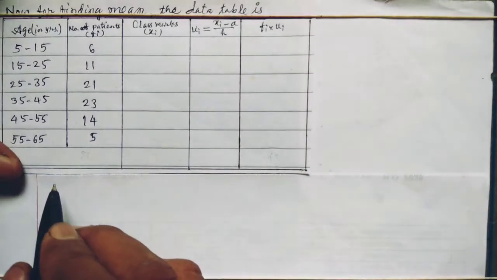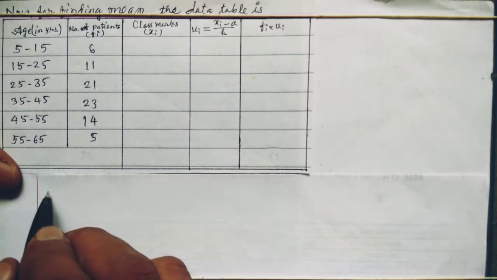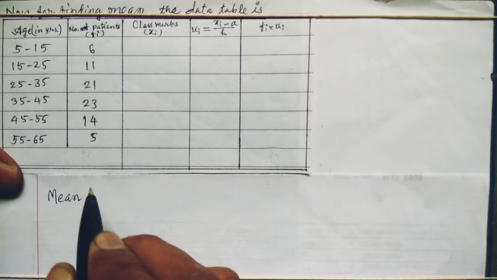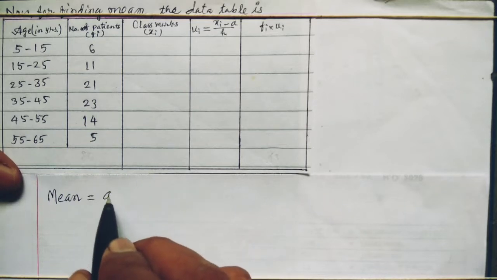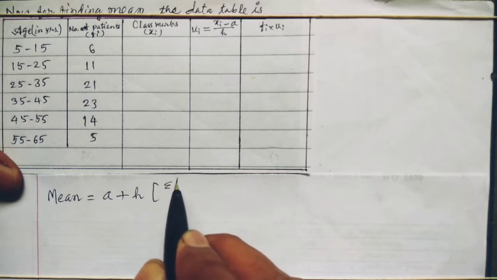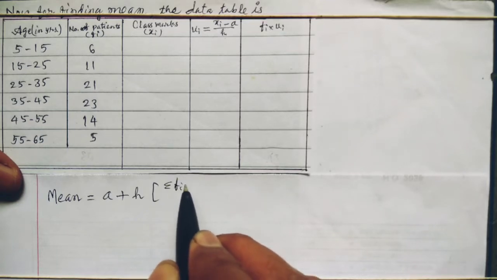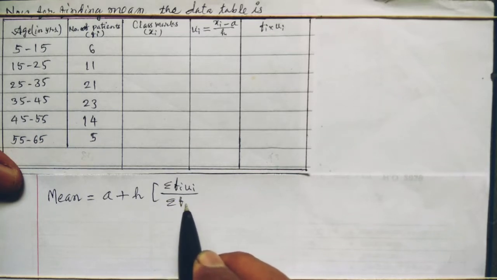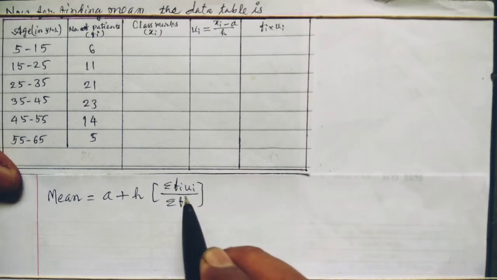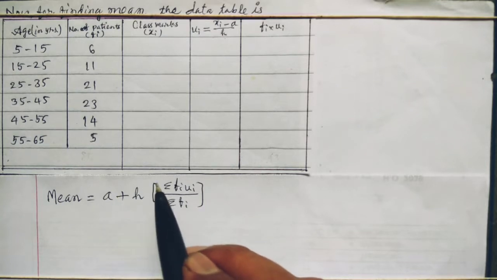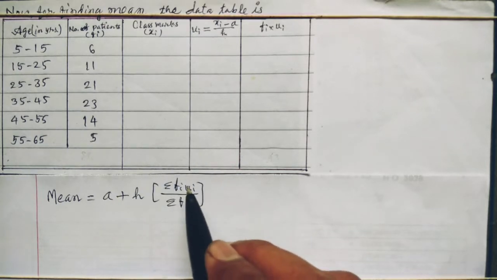To find mean, x̄ is equal to a plus h into sigma fi ui by sigma fi. So this is the short deviation method.